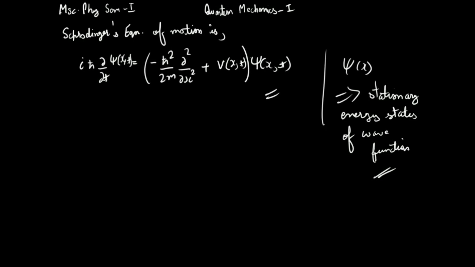So this is the wave function for that, but here we have taken the wave function that is depending on time also. So this is the wave equation where this term is called the Hamiltonian operator, H cap.